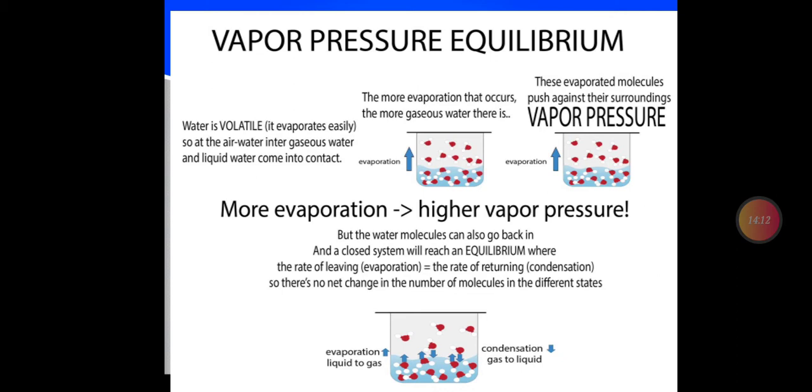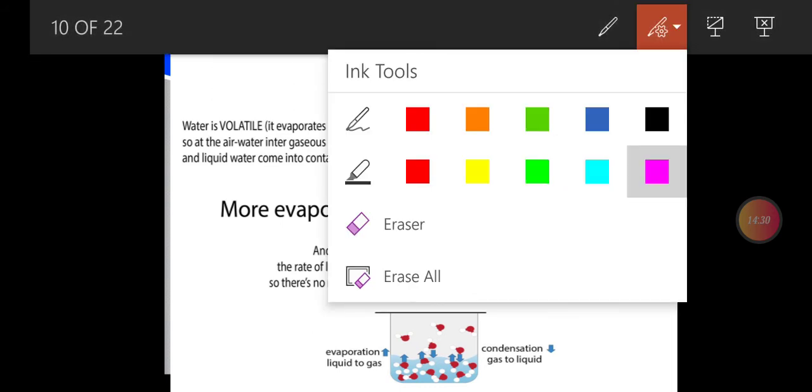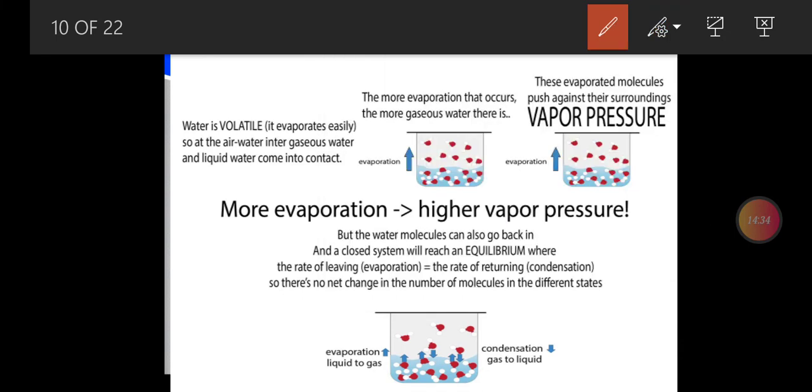Water is volatile, it evaporates at all temperatures. However, the rate of evaporation is different at different temperatures. If the temperature is high, there is more evaporation, more vapors, and more vapor pressure.